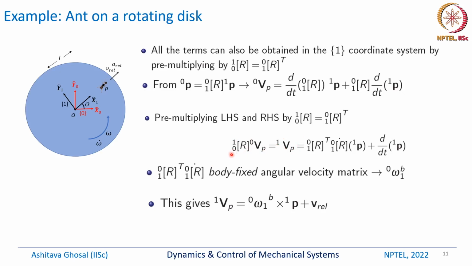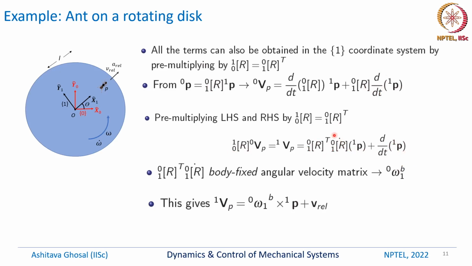Again, in your mind, you can think of this 0 and 0 will cancel, and you are left with 1. Then if you pre-multiply R_10 to the right side, you will get R transpose R dot into 1p, and this last term will be just d by dt of 1p.